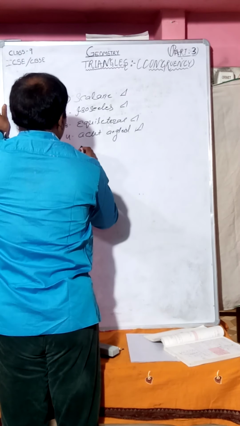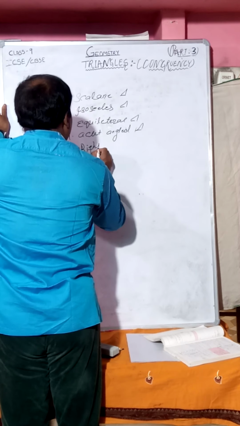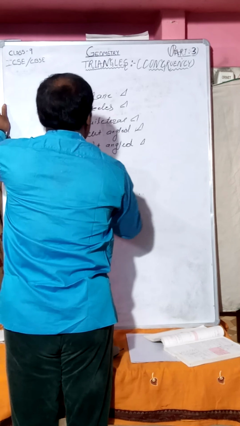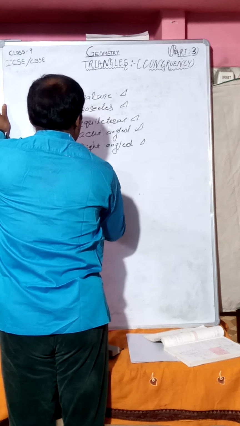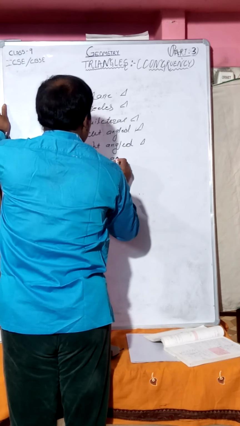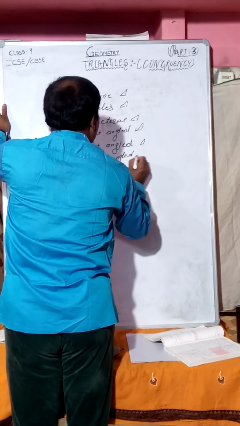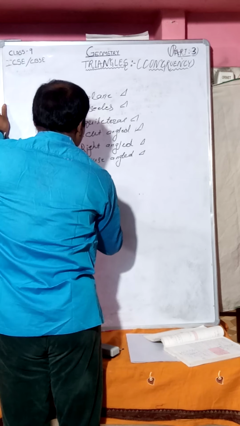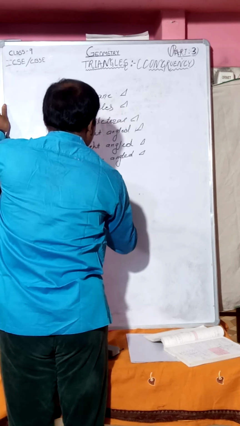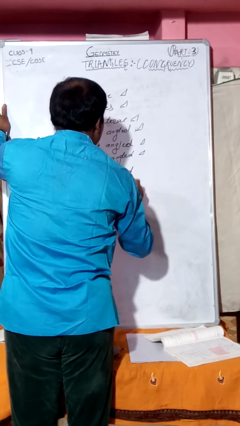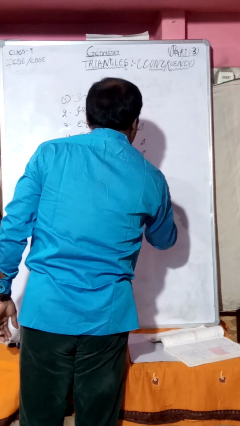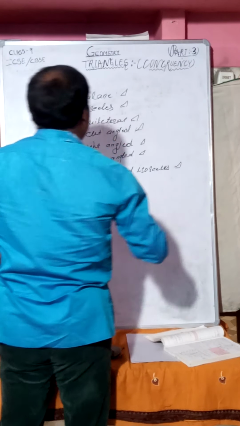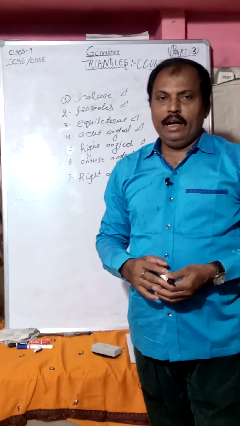Number 5, right angle triangle. Number 6, obtuse angle triangle. Number 7, right angle isosceles triangle. There are 7 types of a triangle.